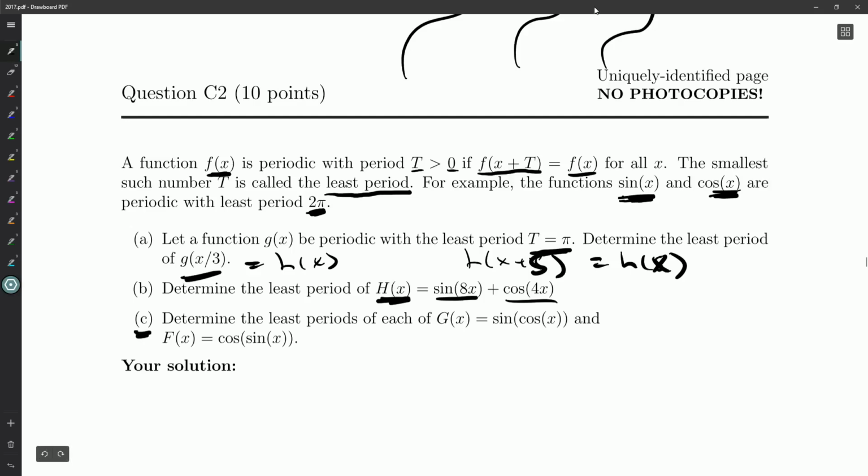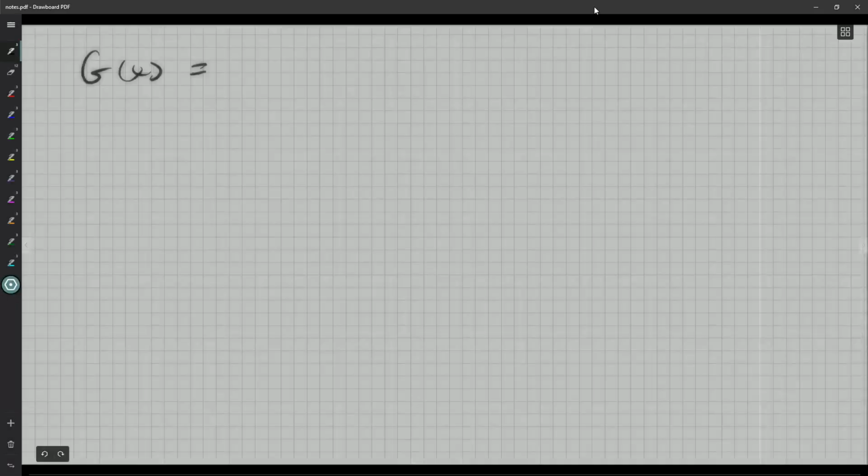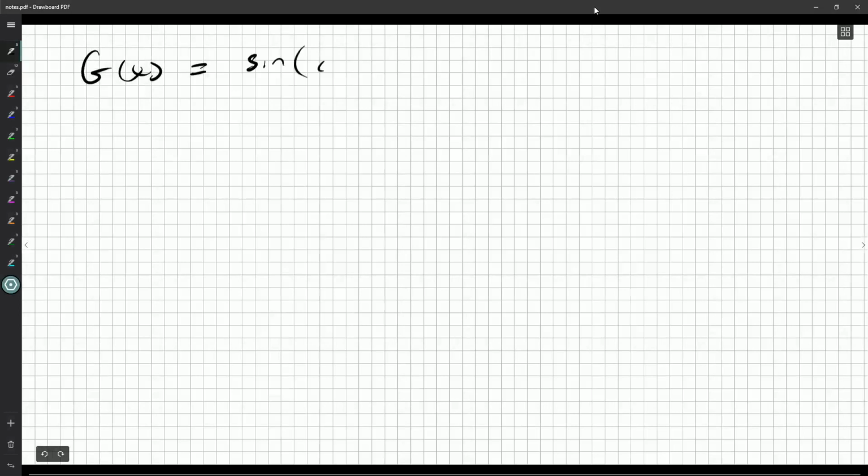Okay, so C. Determine the least periods of each of g of x and f of x, where g is sine of cos and f is cos of sine. Let's think about this. So g of x is, which one was it? Sine of cos.